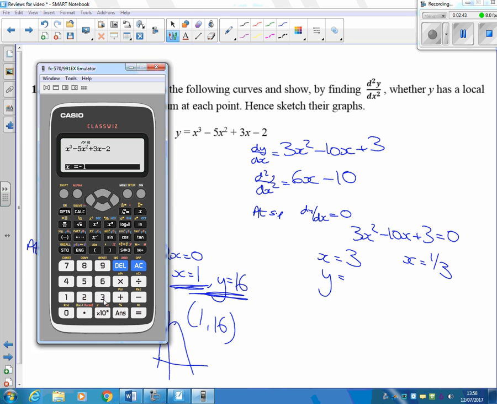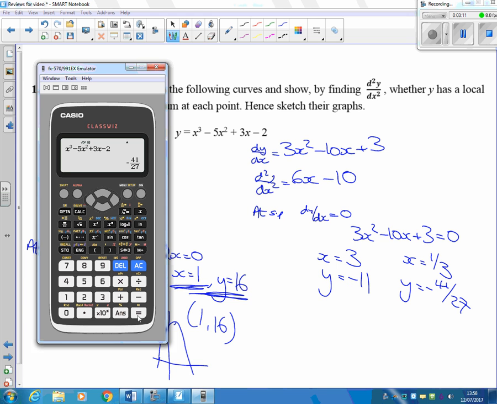Calculate that when x is 3, and when x is 3, that gives me a y value of minus 11. Here's the benefit of doing it that way. Now calculate again, this time when x is 1/3, and that's giving us a y value of minus 41/27. So you didn't want to have to do that twice when it was so quick to do it like that.